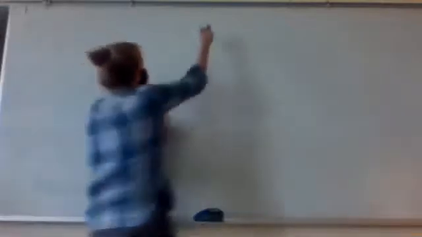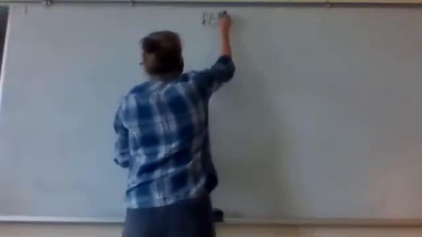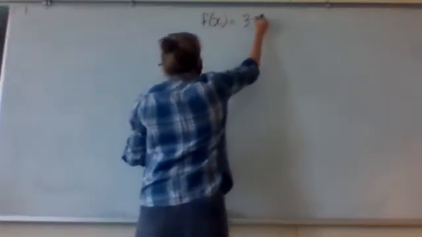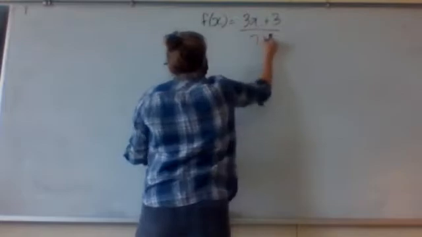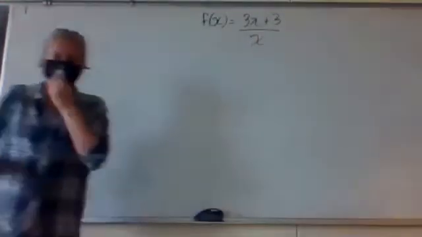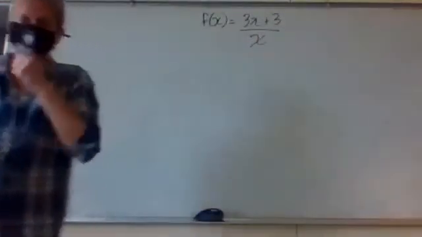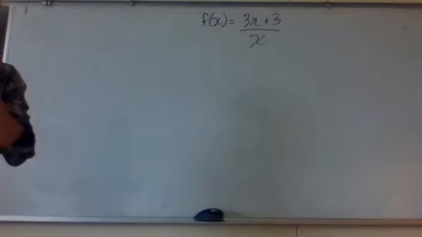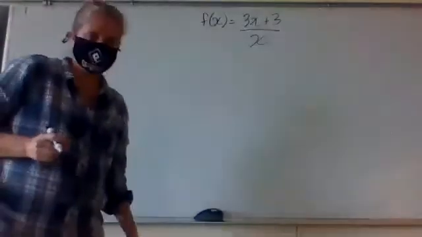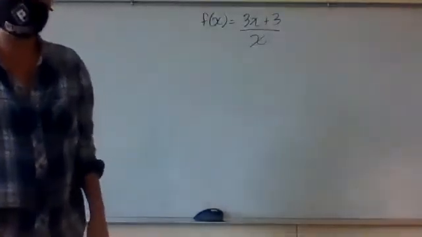All right, let's look at 14. The function is f of x equals 3x plus 3 over x. So let's see what our zeros are. Let's see the zero of the numerator.